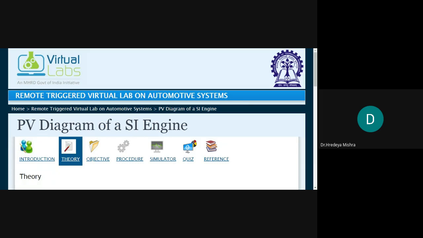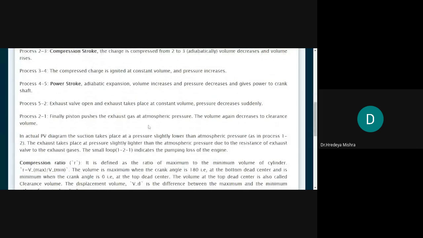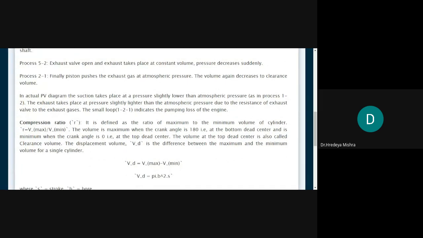Sorry students, sorry for the disturbance. Now we can observe that all the processes explained here are based on the diagram. In actual practice, in theoretical we assume the air fuel mixture is sucked into the engine at atmospheric pressure of 1 bar, but in actual it becomes slightly less due to the pumping loss. Here, this is the pumping loss.